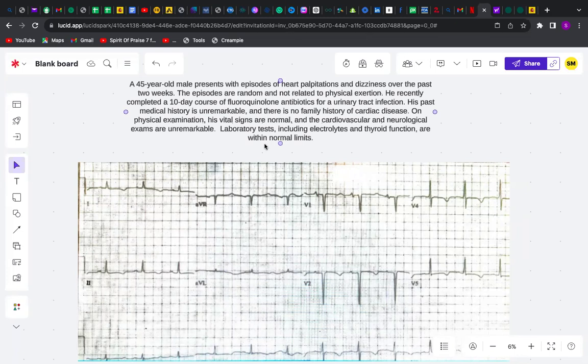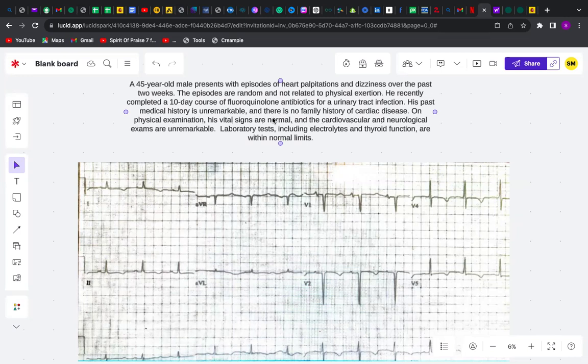This was a case that I got from a friend of mine, a colleague doctor. It was a 45-year-old male who presented with episodes of heart palpitations and dizziness over the past 2 weeks. The episodes were random, not related to any physical exertion.